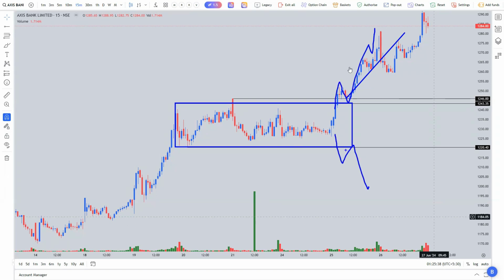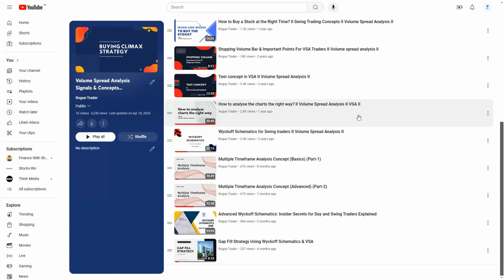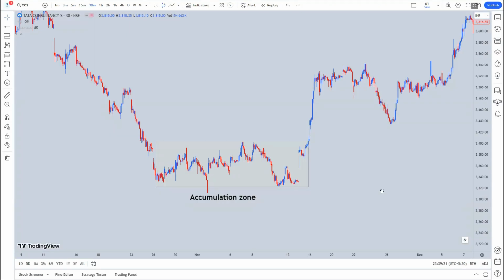Wherever it is, it has given you a breakout towards the higher side. Obviously you can expect this effect if you want to capture this momentum, and this is the right point to capture it. How to execute a trade with proper confirmations is explained in the Wyckoff schematics and multiple time frame analysis videos.